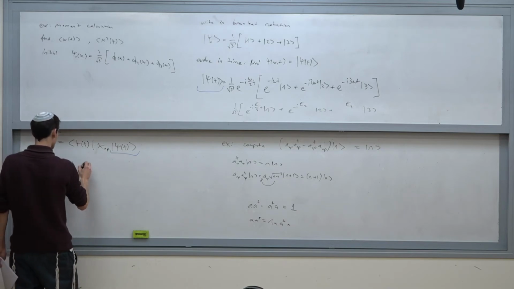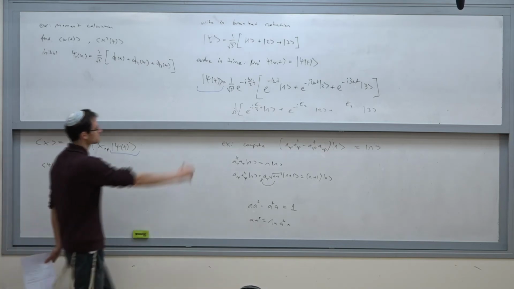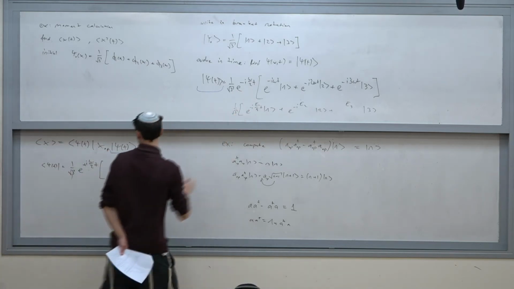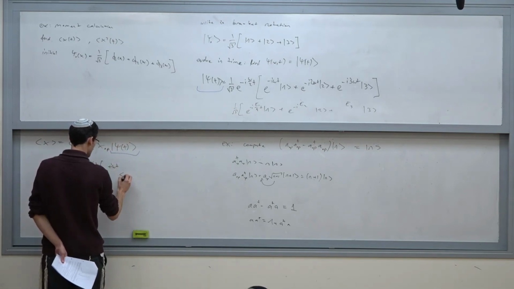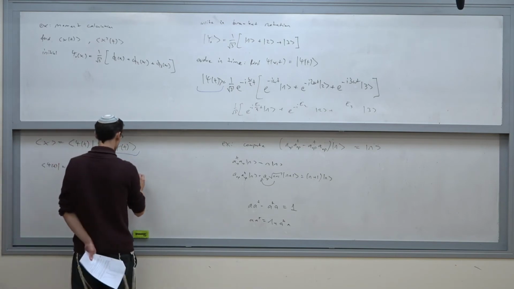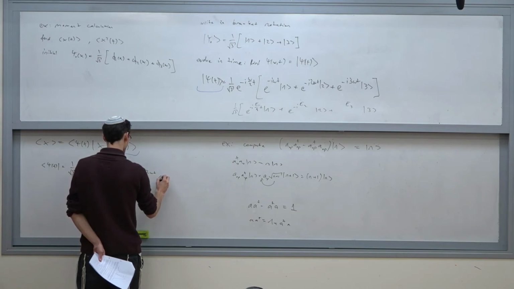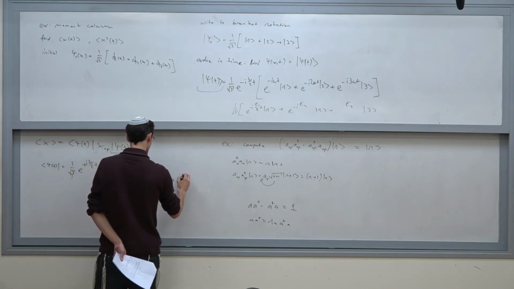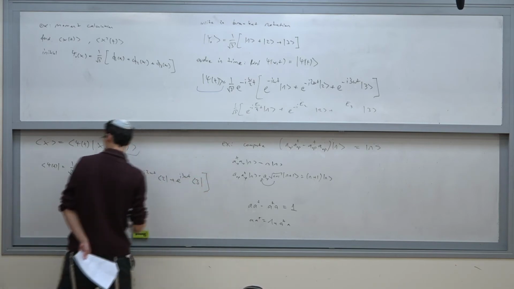So we get e to the plus i omega over 2 t. Right? That's the complex conjugate of this part. And then there's an e to the plus i omega t. And then there's a bra 1 instead of the ket. And the same for the second term. And for the third term. So that's that.